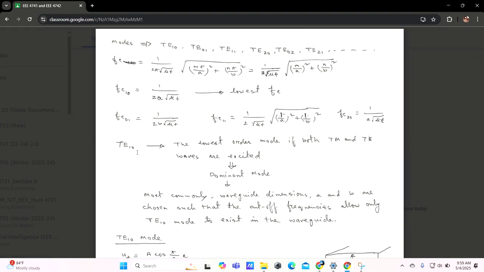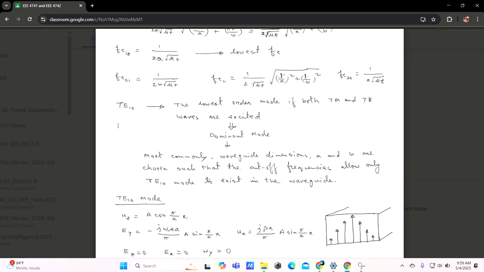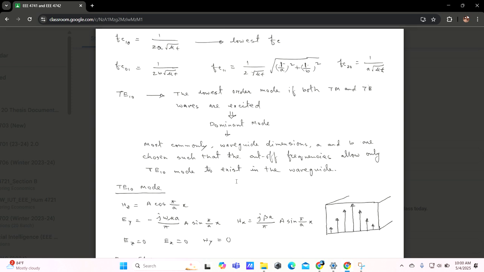Here it says that the lowest order mode, if both TM and TE waves are excited, is called the TE10 dominant mode, because the dimensions of the waveguide A and B are chosen such that cutoff frequencies allow only the transverse electric 10 mode to exist in the waveguide. It's the default design, I guess.